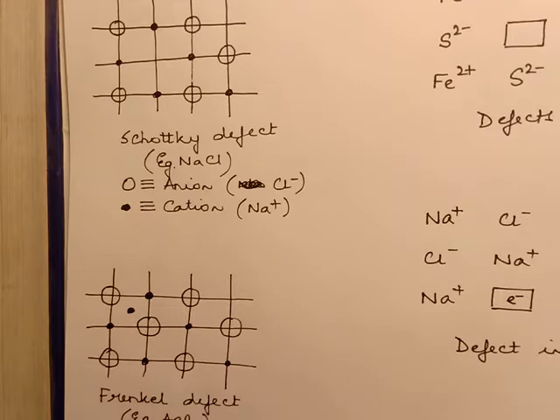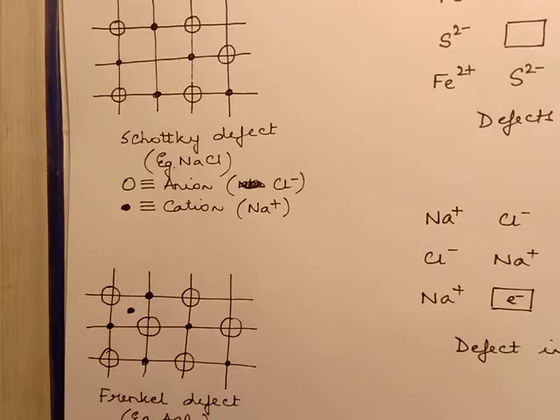So it's a fixed ratio. But in case of non-stoichiometric compounds, this ratio is not fixed. For example, in case of FeS, it seems that one atom of Fe is combining with one atom of S, but in reality the amount of Fe varies. That is, it is not exactly one atom corresponding to each S.